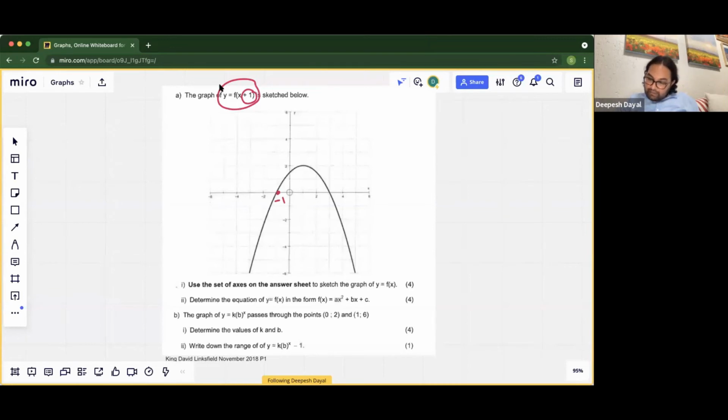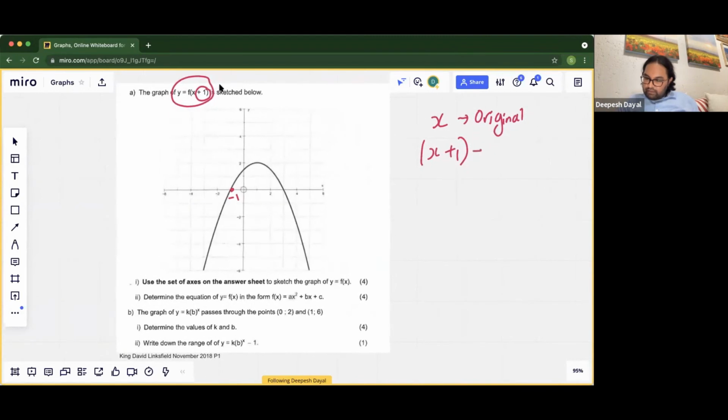If it is x plus 1, it means the original graph shifted 1 unit to the left. So if it was just x, it would have been the original. This new one, it shifted 1 unit to the left. Okay, so that's why we've got f(x plus 1).